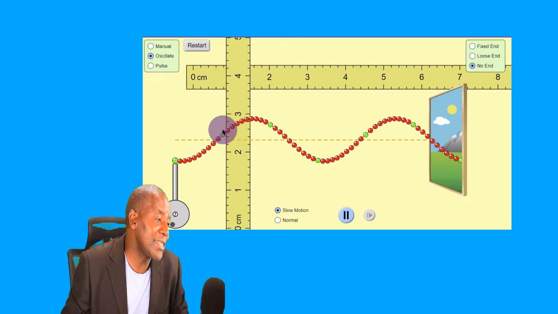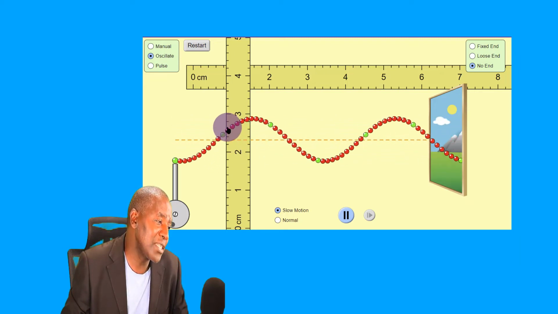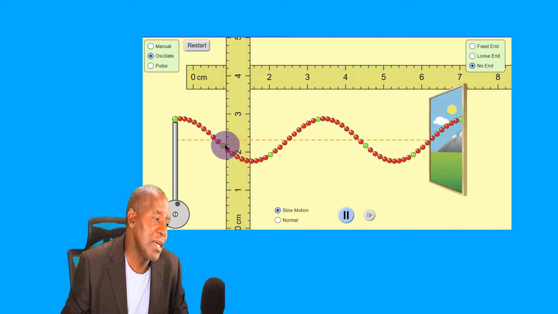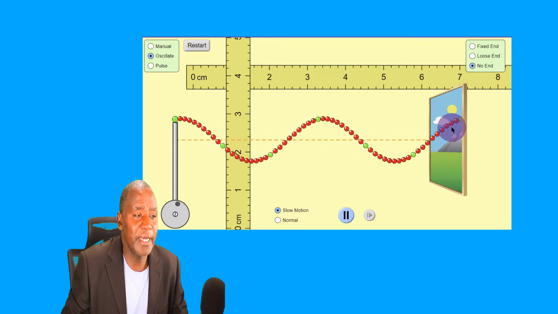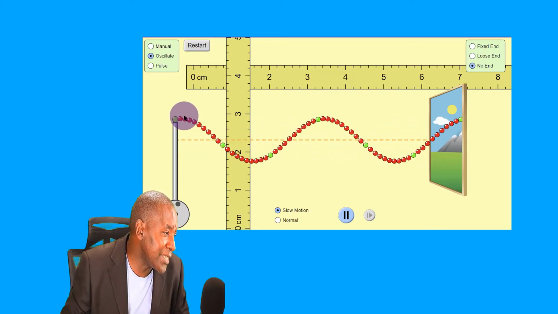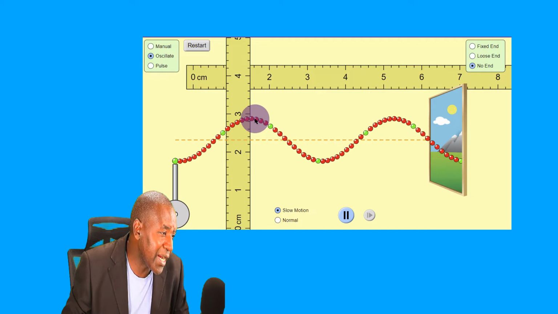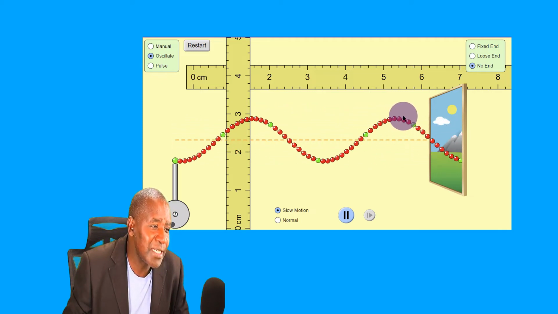All it does is that it picks energy from this particle and then passes it over to this other particle, and every particle behaves like that all the way until that energy reaches here. We can look at this point here where the cursor is. You can see there is a crest. It's moving across like that all the way.